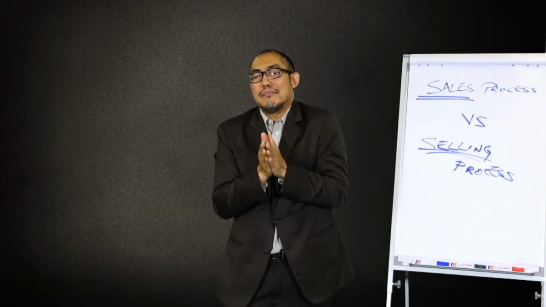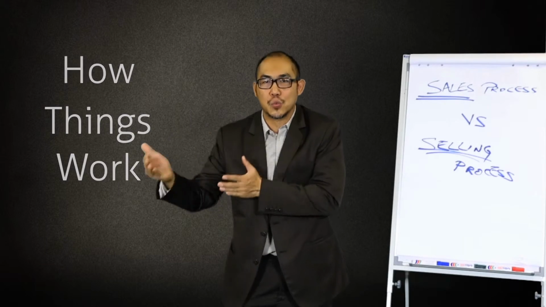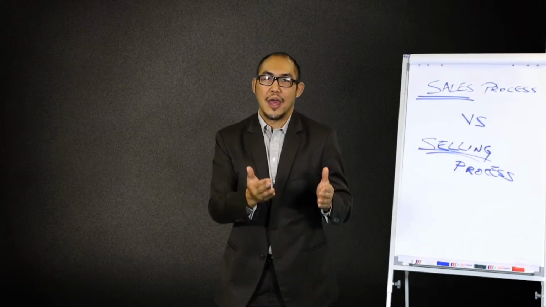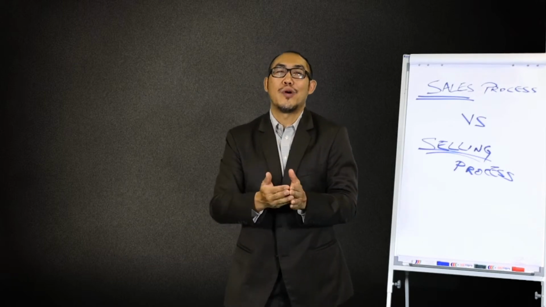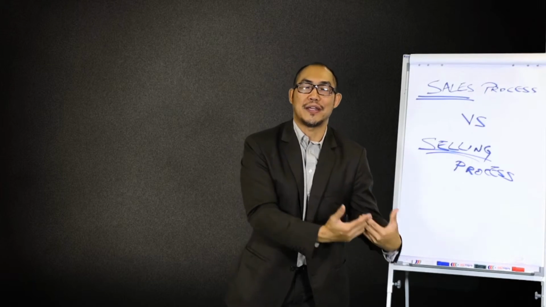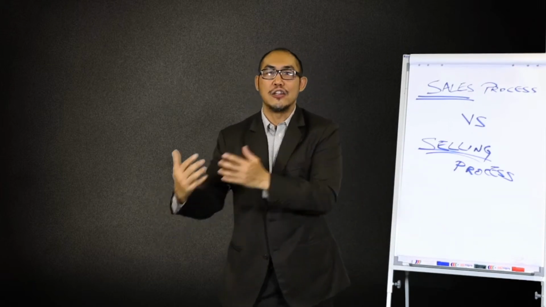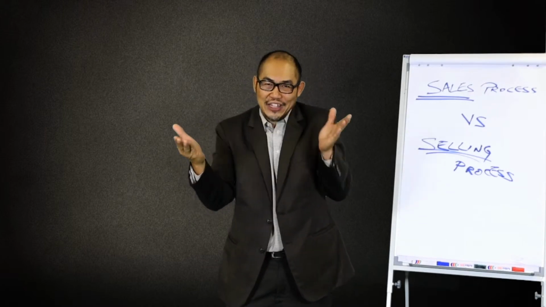It means that there is a proven formula of how things work. In math, 1 plus 1 is not 11. 1 plus 1 is 2. That's just the logic of things. One step comes before the other in order to have something happen. So the business process has a science behind it.